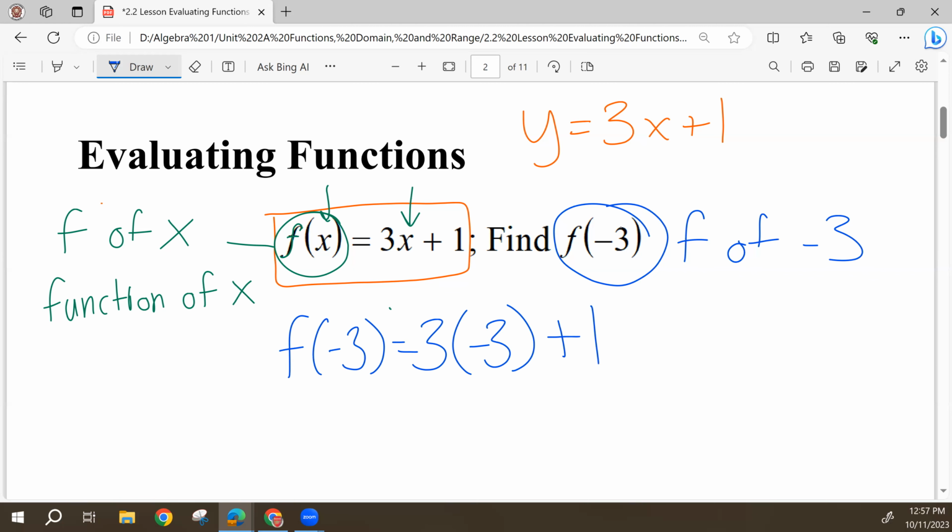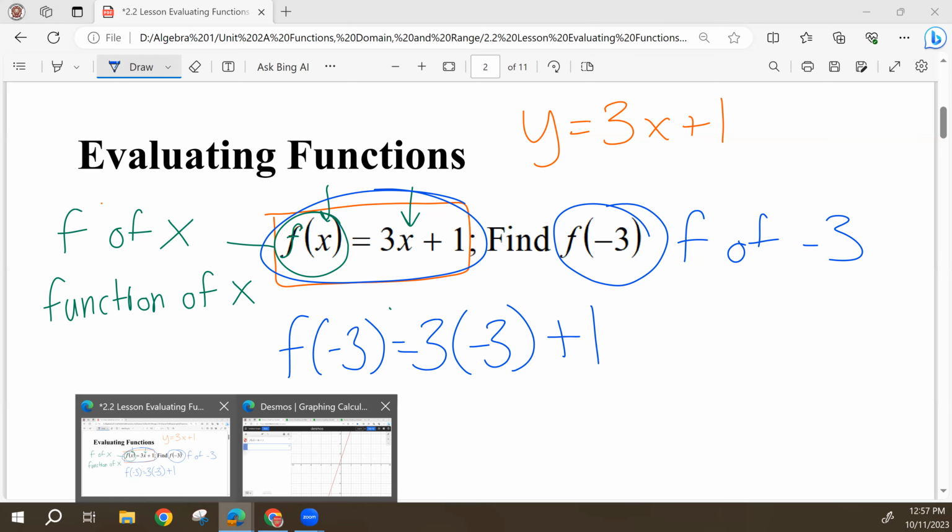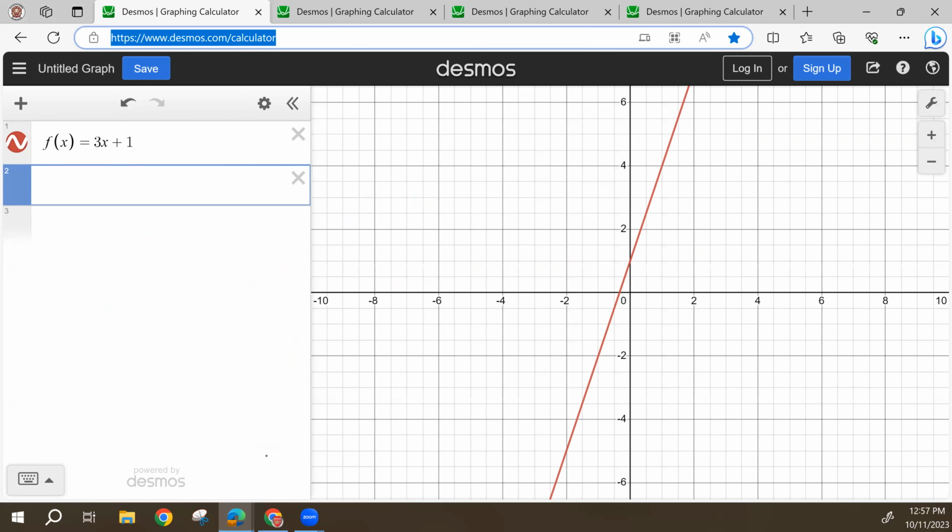Another way we can do it is to type this function into Desmos exactly the way we see it, which I've already done. You can see it's graphed this function. It should pass the vertical line test. If I run a vertical line across it, it will only touch it one time.